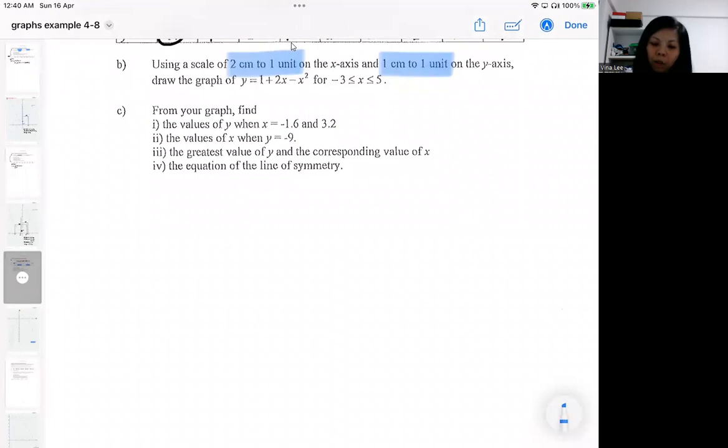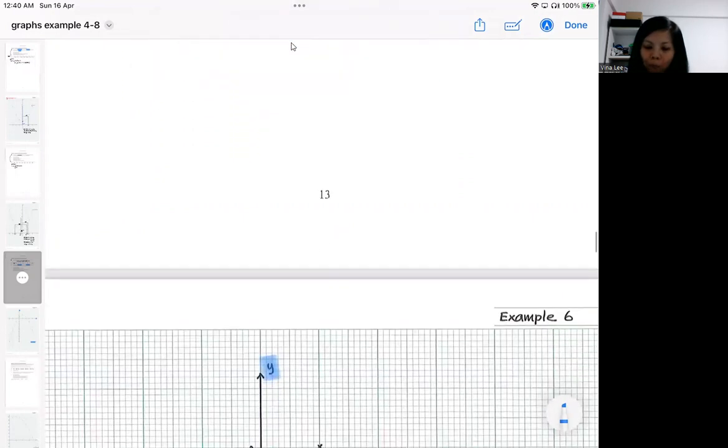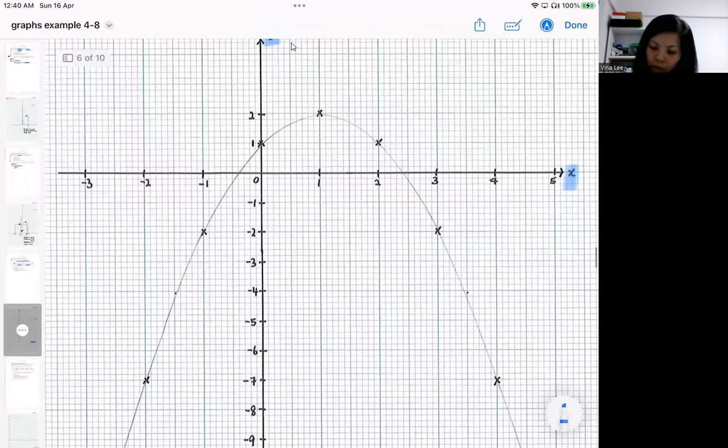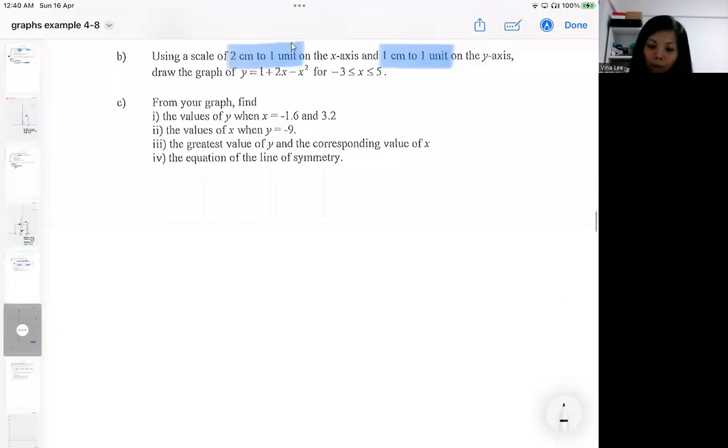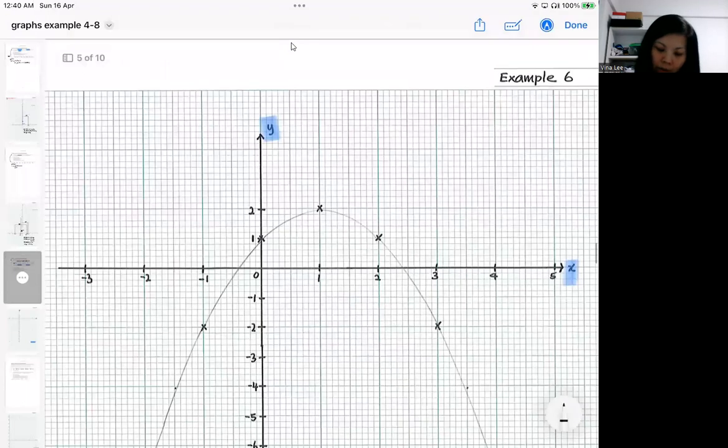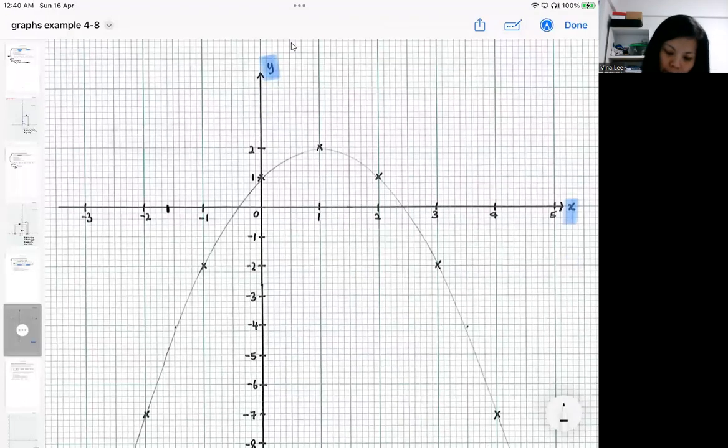So for C part 1, your job is to find the values of y when x is equal to minus 1.6. So I'm going to find my value of minus 1.6. So minus 1.6 is somewhere here. So make sure it touches the graph and then you read over.